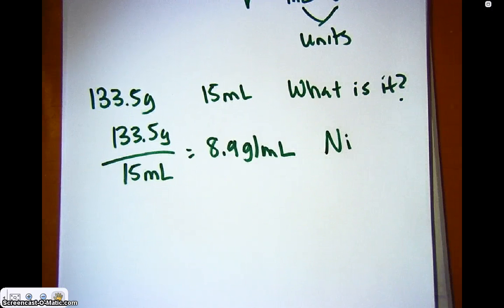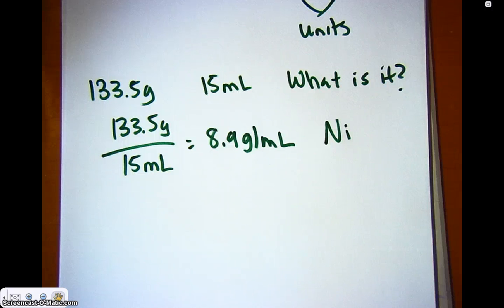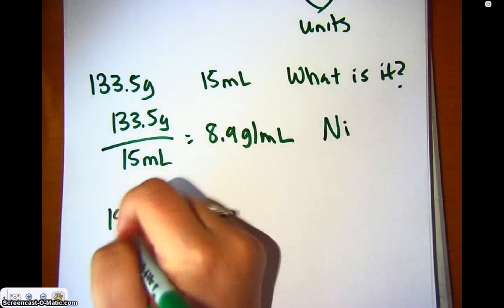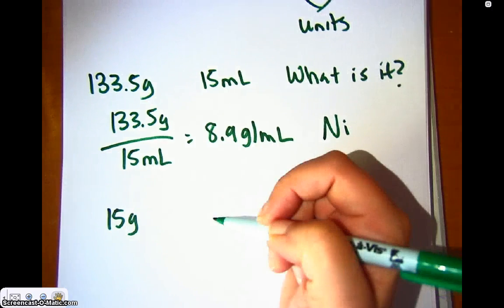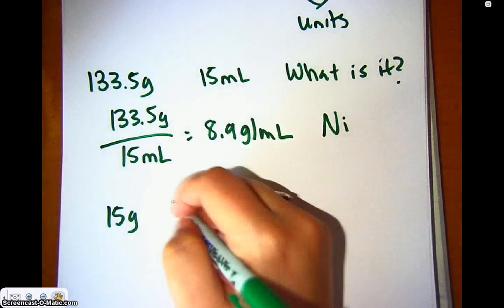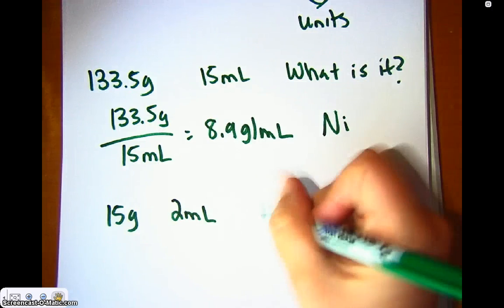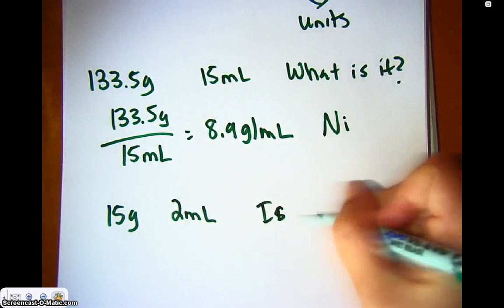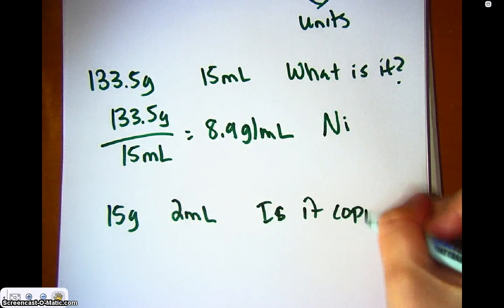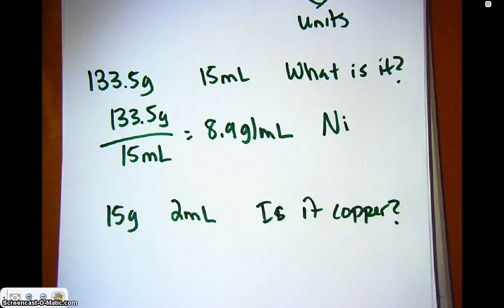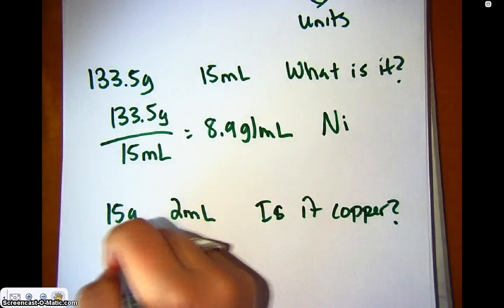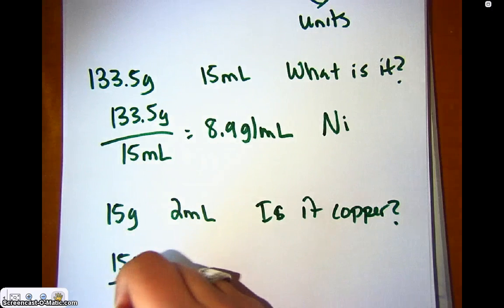So the identity of that metal would be nickel. Now let's just do another type of example. So let's say we're given a metal and it looks like copper. However, it has a mass of 15 grams and it has a volume of 2 milliliters. And I want to know, is it copper? So I take my 15 grams, just like I did before, and divide it by my 2 milliliters.